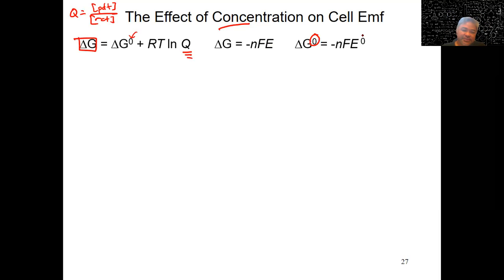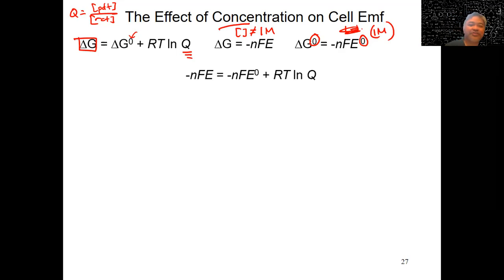So see the difference here is the presence of the degree sign. Here you could say it's 1 atmosphere, and the concentration that you have here is 1 molar. Here, the concentration is not equal to 1 molar. So anong ibig sabihin nito? Pwedeng mabago yung cell potential kapag iba yung concentration ng species mo sa given cell.